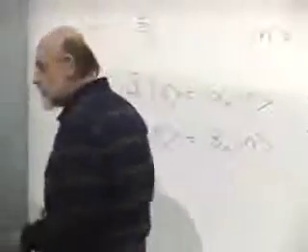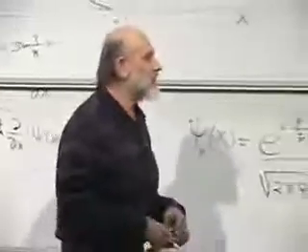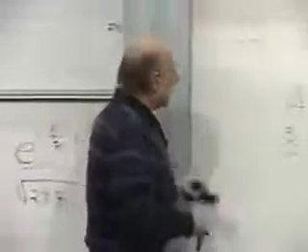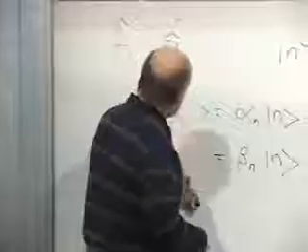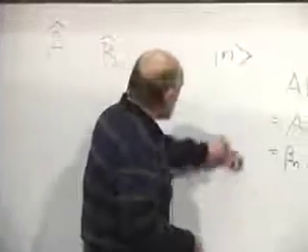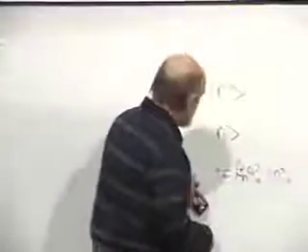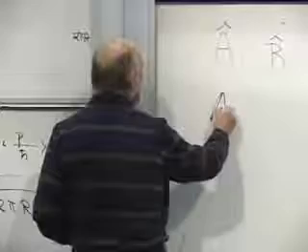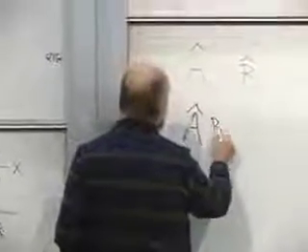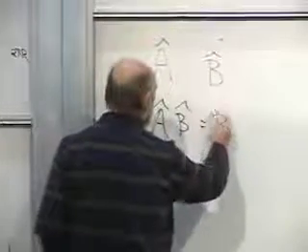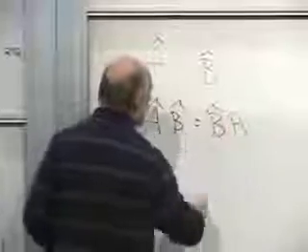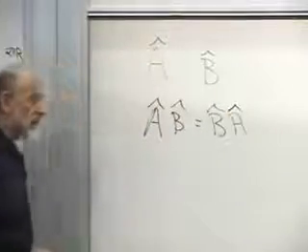All right, the necessary and sufficient conditions, I won't prove this, but it's clearly a necessary condition, and it's also sufficient. The necessary and sufficient condition that there exist a basis of vectors which are common eigenvectors of both, simultaneous eigenvectors of both, is that A times B is equal to B times A. That's necessary and sufficient.